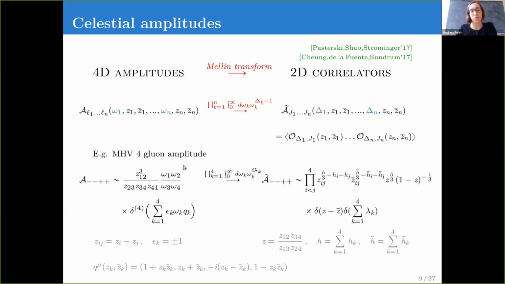A Mellin transform of each of the 4 external particles will take it to a celestial amplitude, which we recognize as a 4-point correlator in the two-dimensional CFT. z here is given by the conformal cross ratio, and this universal factor here is given in terms of the distance of points z_i minus z_j on the celestial sphere. Now, what's less familiar in this correlator is the appearance of these delta functions. And this hints at a more exotic nature of this putative celestial CFT.